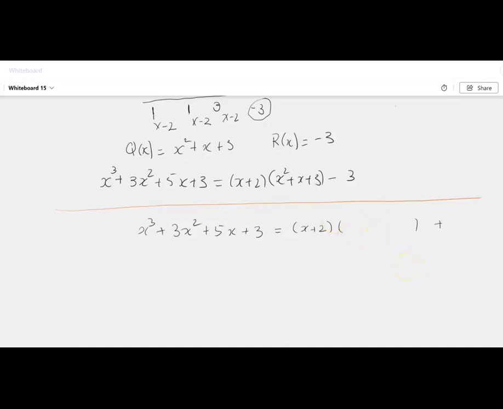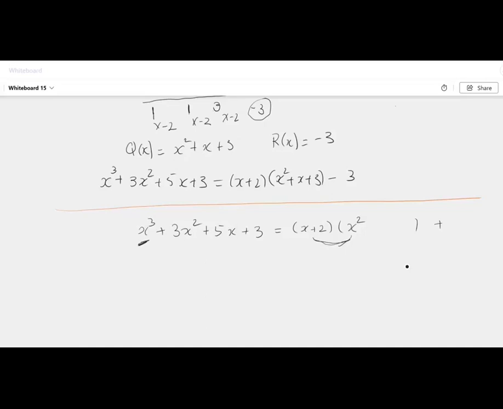Now, because p of x is equal to x plus 2 times the quotient, the first term in the quotient must be x squared. Why is that? Because the only way to get x cubed here is by multiplying x by x squared. So that first term cannot be anything except x squared.